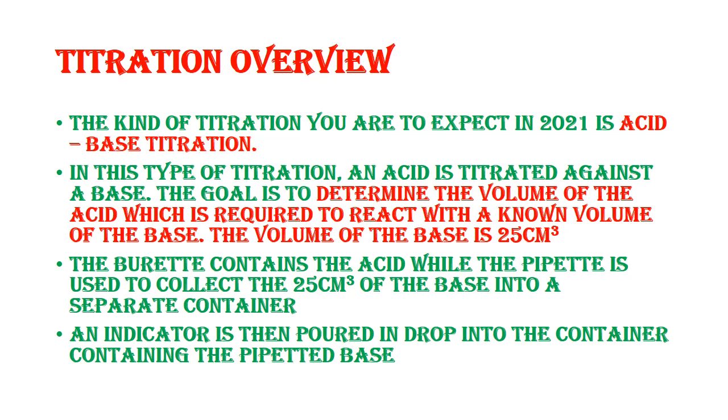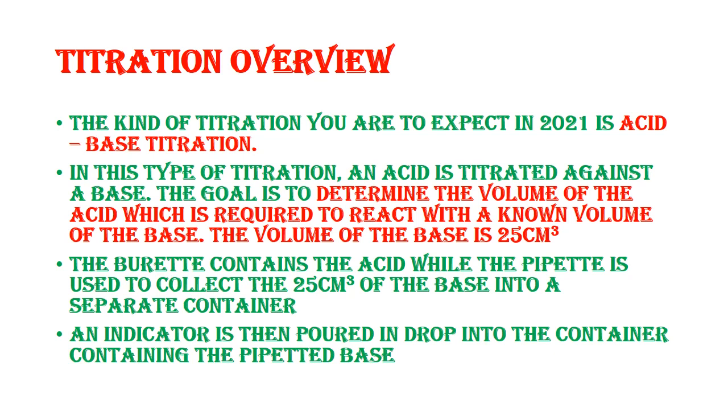So you put it in a separate container, and then you pour in an indicator. The function of the indicator is to determine when the acid that you will be pouring into the base has completely reacted with the base, because that is our aim: to determine at what point the reaction gets completed.